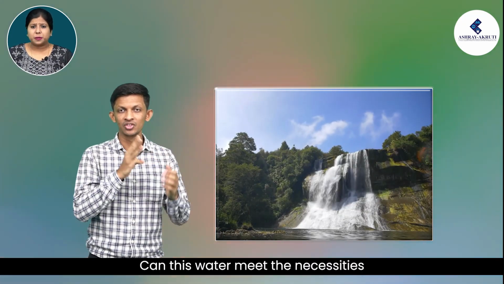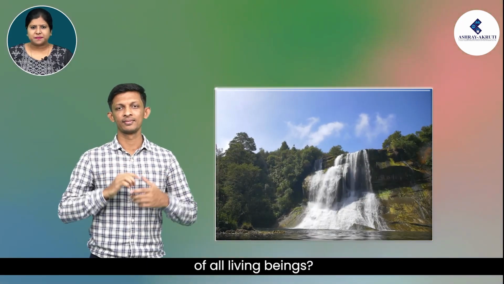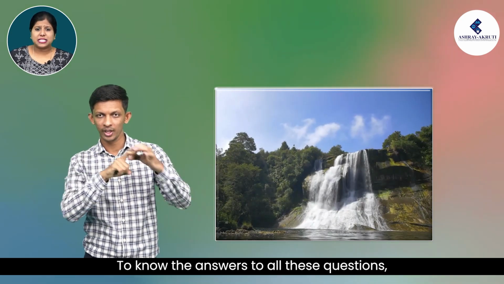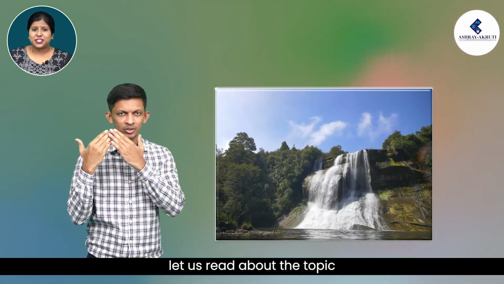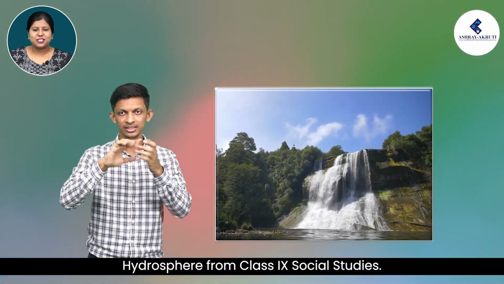Can this water meet the necessities of all living beings? To know the answers to all these questions, let us read about the topic Hydrosphere from Class 9 Social Studies.